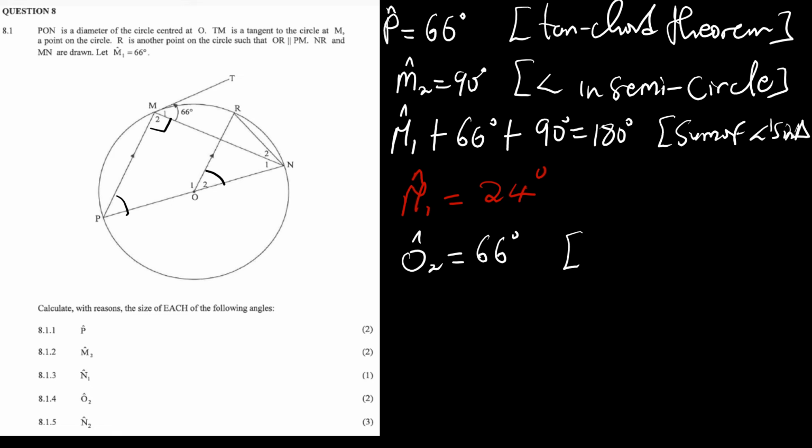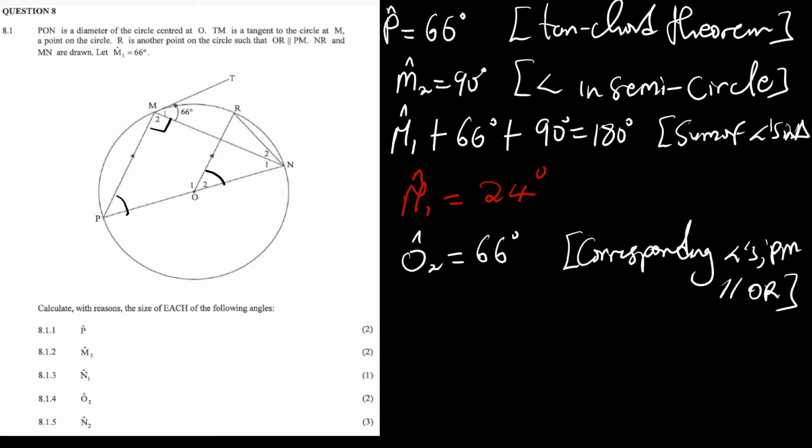We must also show which sides are parallel: PM is parallel to OR. We must always indicate which sides are parallel if we are talking about corresponding angles, alternate angles or co-interior angles. It's very important. Then we are done with angle O2.